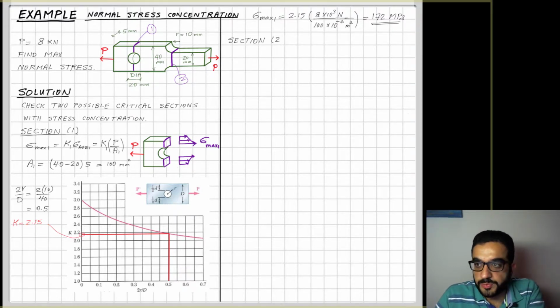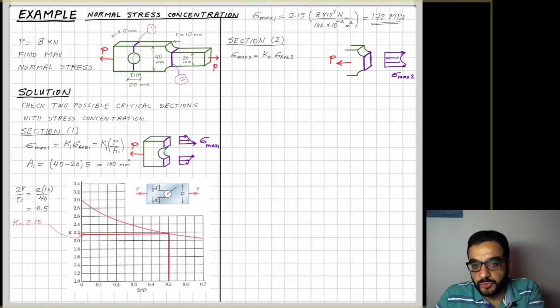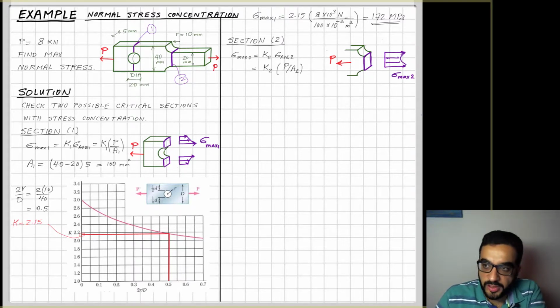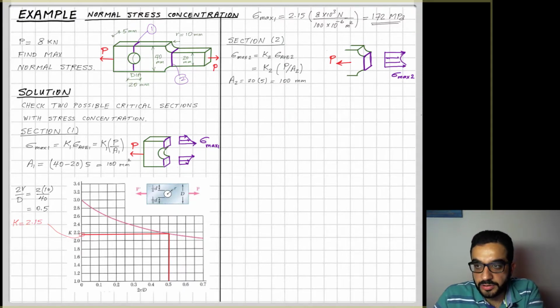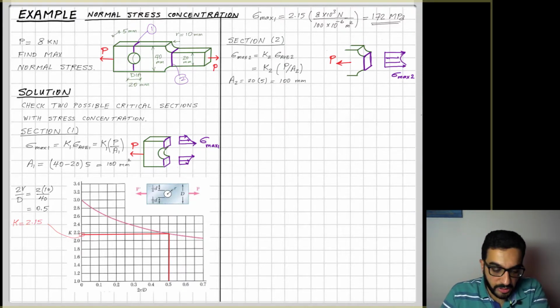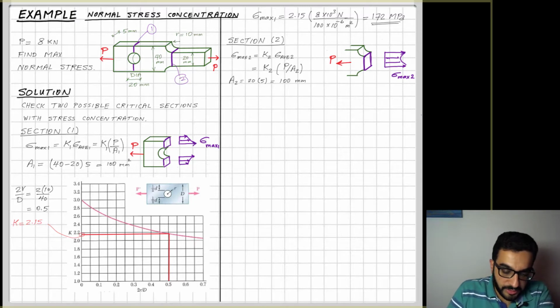Now, section 2 will be a similar process. I will focus on the reduced section of the notch, and the stress sigma max 2 is equal to K2 times sigma average 2, and figuring out A2 here, it's all the same value. One thing I will correct here is that this is millimeter square.